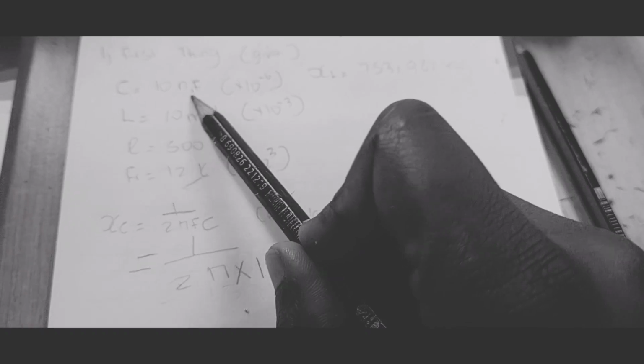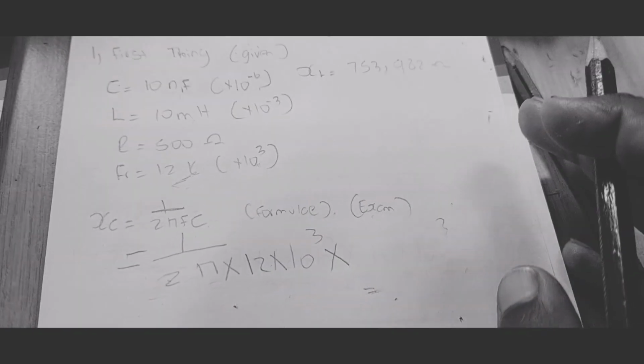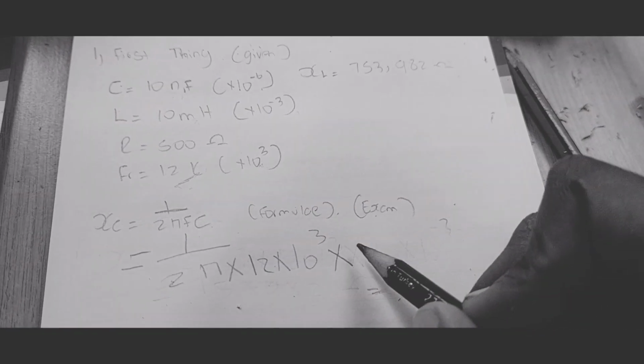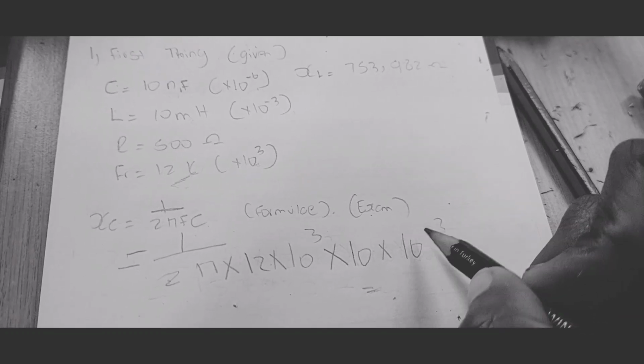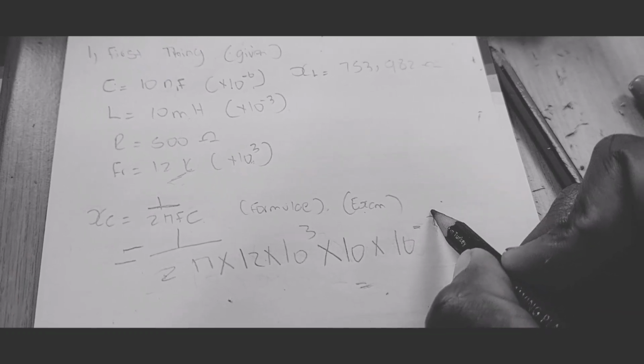Remember, n stands for 10 to the power of negative 6, guys. So it's going to be 10 times 10 to the power of negative 6.